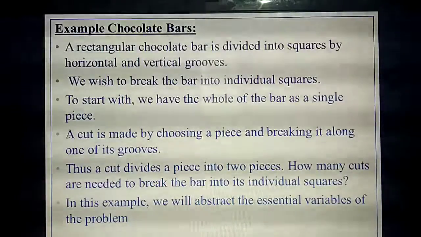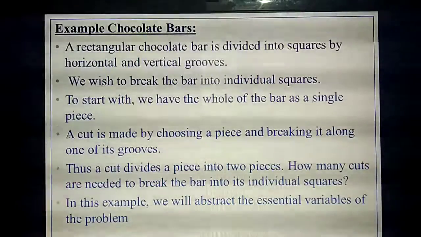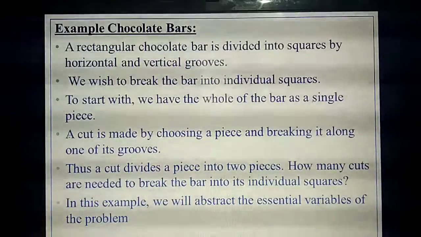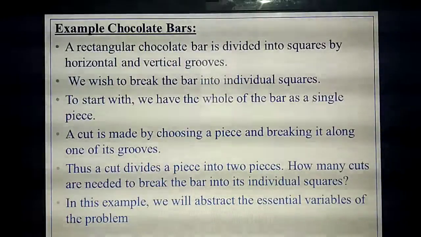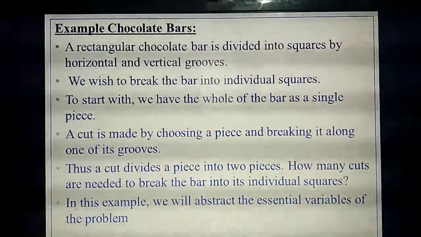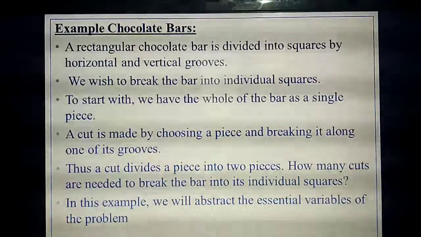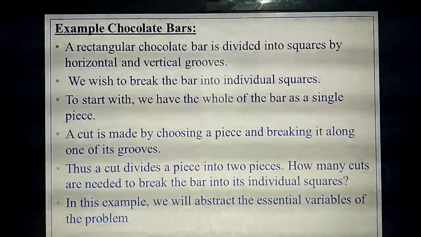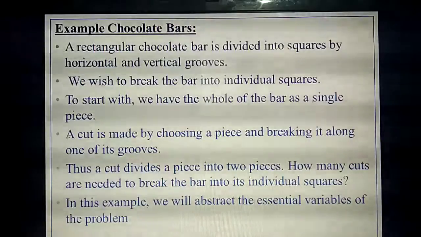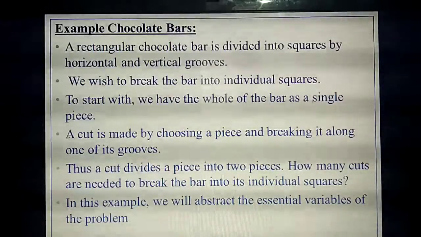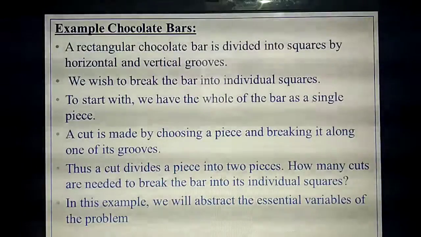You are going to divide the chocolate bar into many pieces by cutting horizontally and vertically. What do you mean by horizontally and vertically? For example, one square will be there. You are dividing the square into small squares by cutting horizontally and vertically. So, what's the aim?